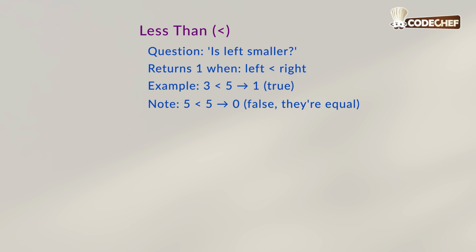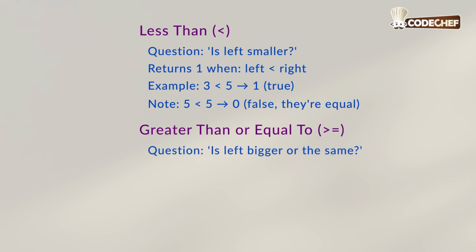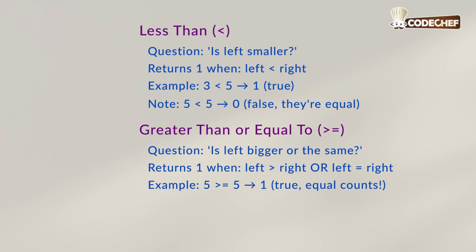The next operator is greater than or equal to. The question is, is the left value bigger or the same? It returns 1 when the left value is greater or the left value is equal to the right value. For example, 5 is greater than or equal to 5 is 1 because they are equal and it counts, and 5 is greater than or equal to 3 is also true because it is greater.